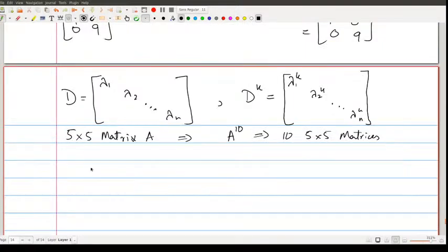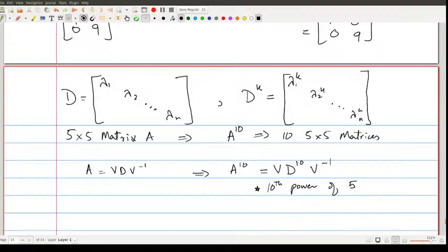Instead, if you can find A equals V D V inverse, then A to the 10th power can be found as V D to the 10th power V inverse. And over here, you just have to do what? You have to find the 10th power of 5 values. So 10th power of 5 real numbers, right?